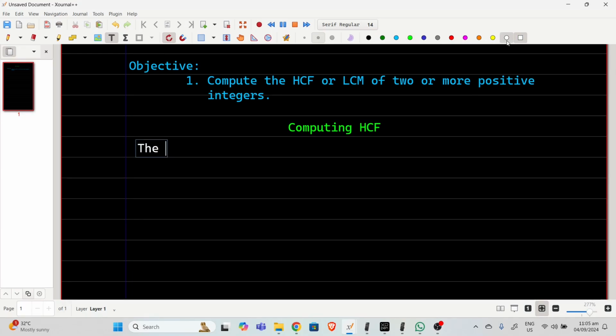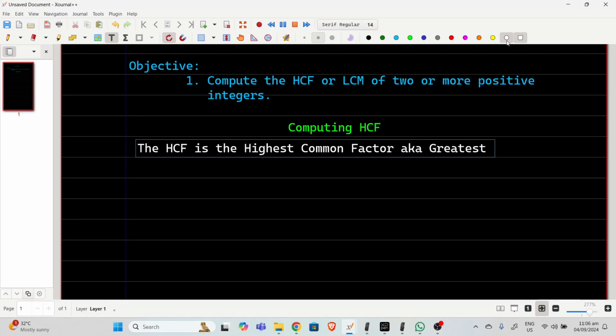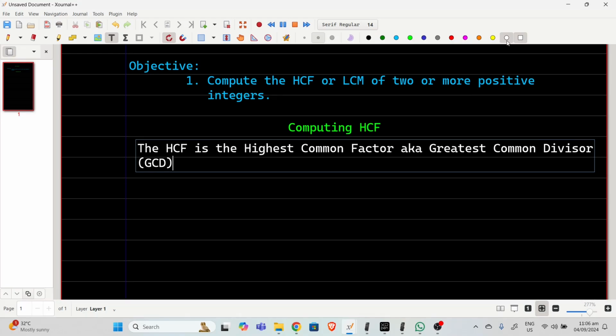The HCF is the highest common factor, aka greatest common divisor, or in other words, the GCD.